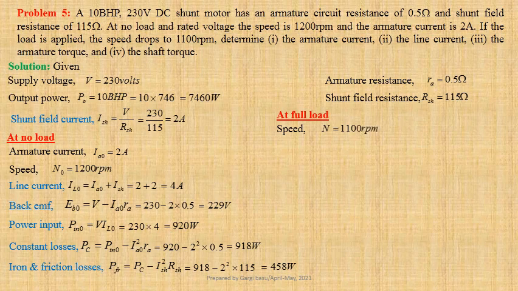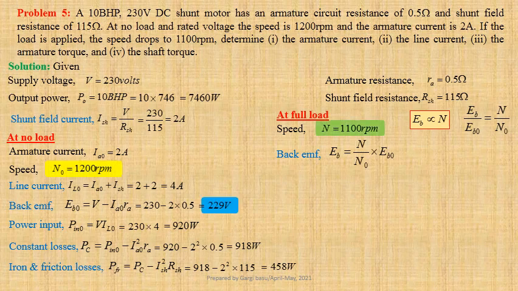When field flux remains constant, back EMF EB is proportional to N. Therefore, EB by EB0 equals N by N0. At full load condition, expression for back EMF will be EB equals N by N0 into EB0.